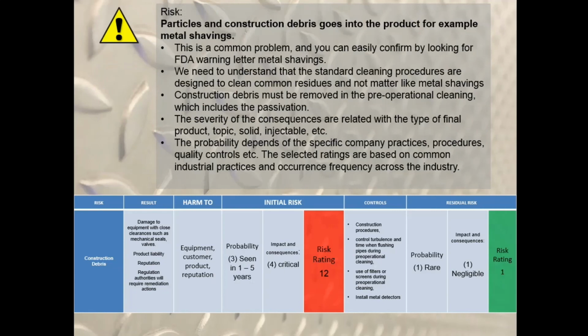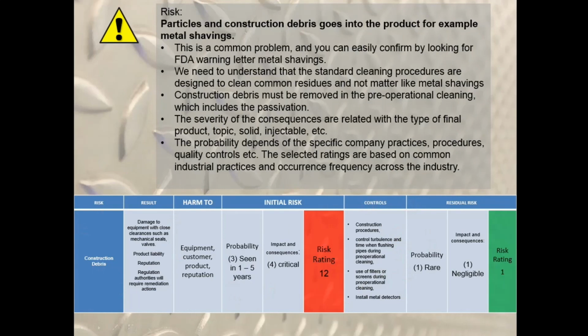Some of the controls that we can implement to reduce the risk of construction debris in our product are construction procedures, controlling turbulence and time when flushing pipes during pre-operational cleaning, use of filters or screens during pre-operational cleaning, and installing metal detectors. We organize the information in this table.